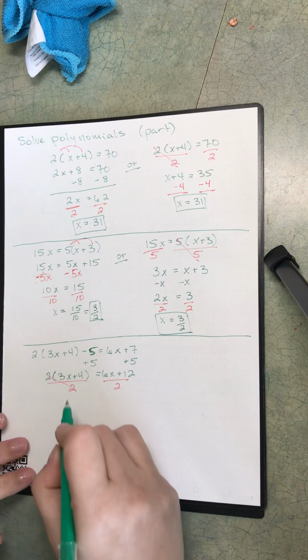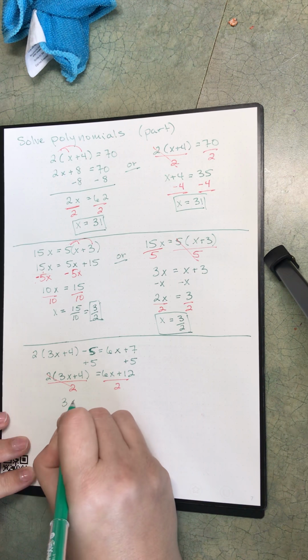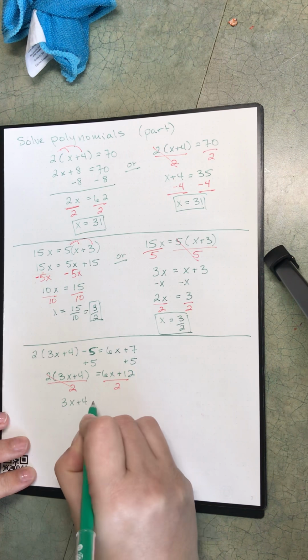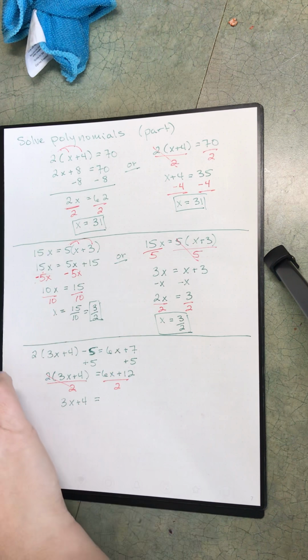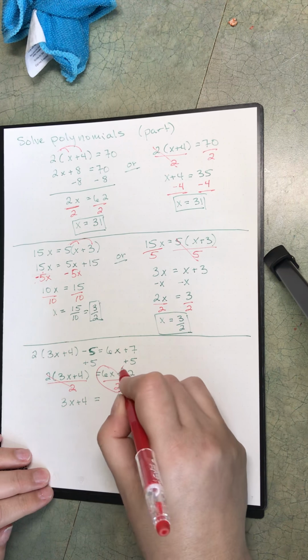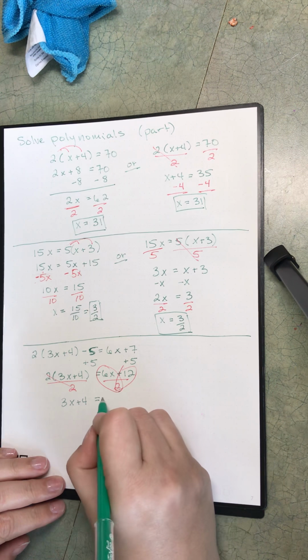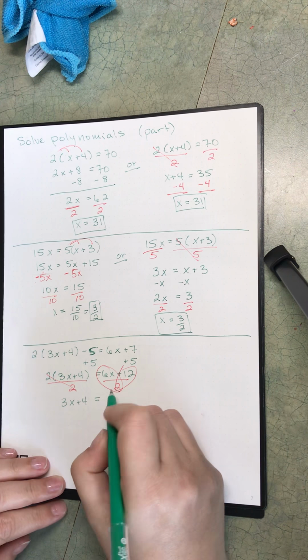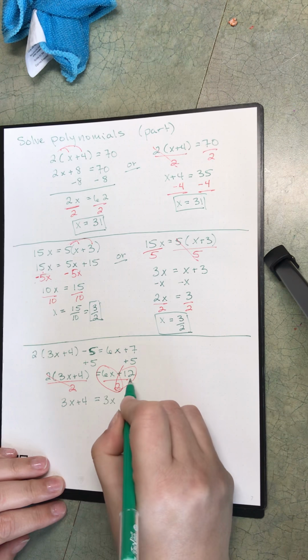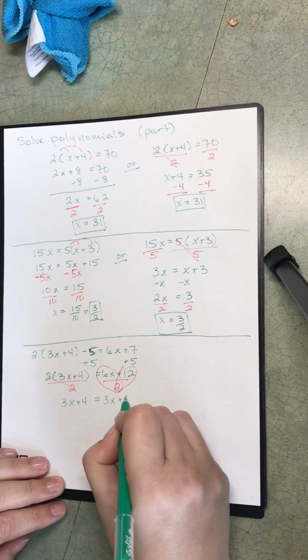Then I get 3x plus 4 is all that's left here. And now here I have to make sure that I divide both of these terms by 2. So 6x divided by 2 is 3x, and 12 divided by 2 is 6.